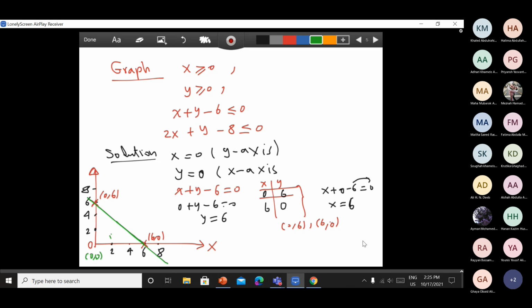If I put x equal to 0 and y equal to 0 in this inequality, x plus y minus 6 less than or equal to 0, if I put 0, so I have minus 6 less than 0. Yes. Okay. So because I have equal, I have to take it with the same color.